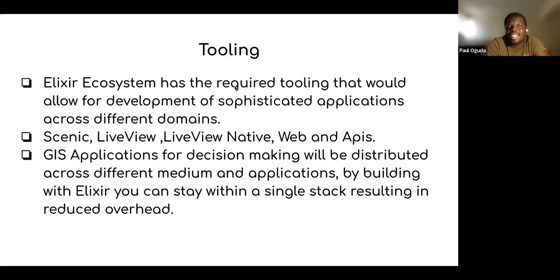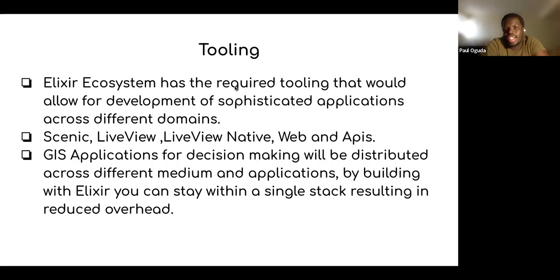For instance, in Elixir, you can do web applications, and I think currently there's LiveView Native, which will allow us to develop native applications for phones. There's something like Scenic, which can be used in IoT applications. We have Nerves. So the domains where you can use Elixir are across the board. You can use it for almost anything that has a screen on it.